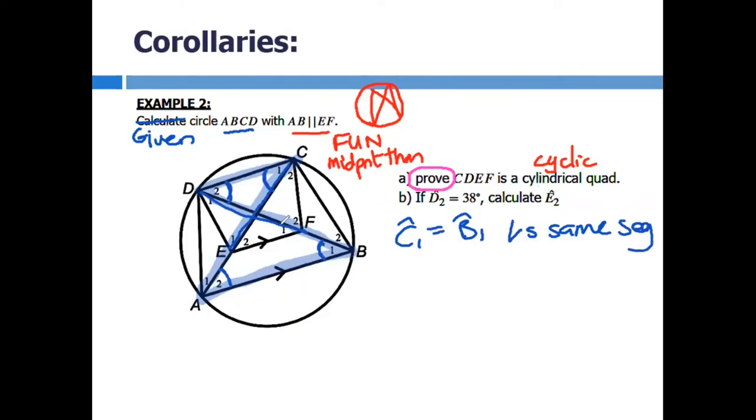Now I need to somehow link, I need to eventually get to this angle here, because that's my goal. If I started with C1, I want to show that it's going to be equal to F1. So from C1 equal to B1, what could B1 also be equal to?